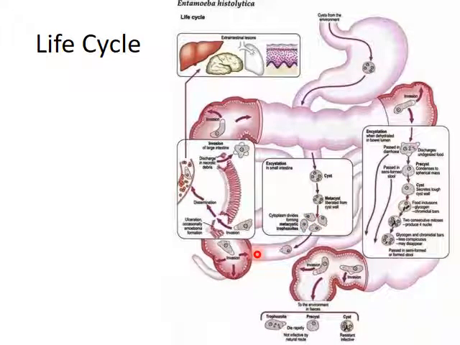Now these metacystic trophozoites are carried to the large intestine, mainly to the ileocecal region, and these trophozoites then multiply by binary fission and they start colonizing on the intestinal mucosa. Now once these trophozoites are colonized on the intestinal mucosa, they might take different courses.